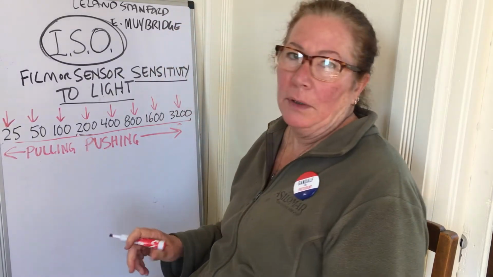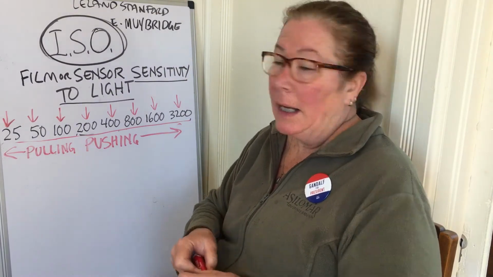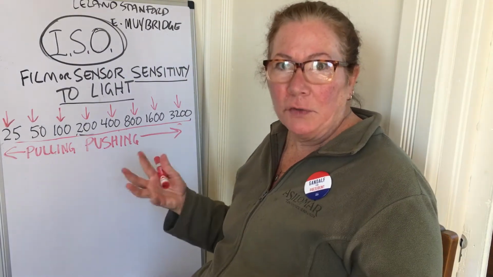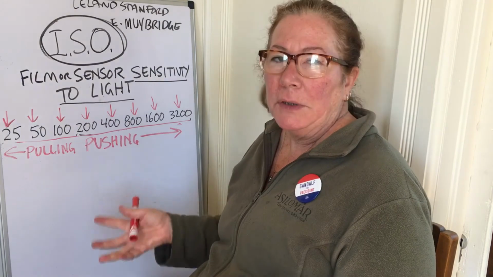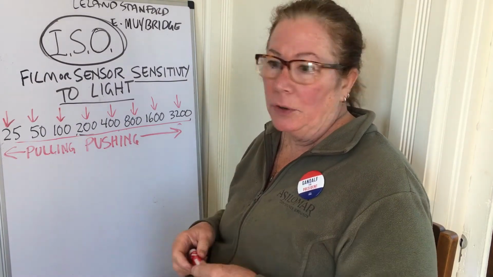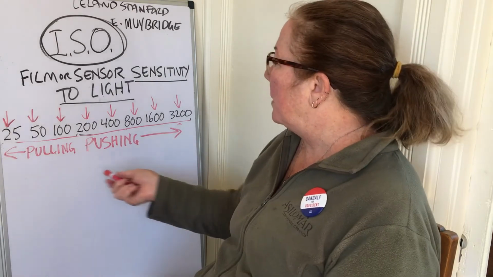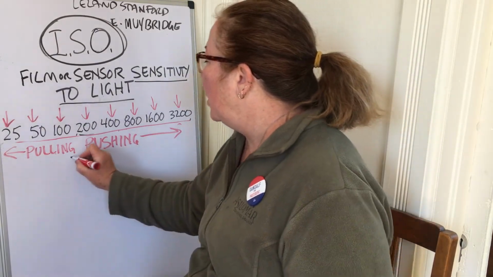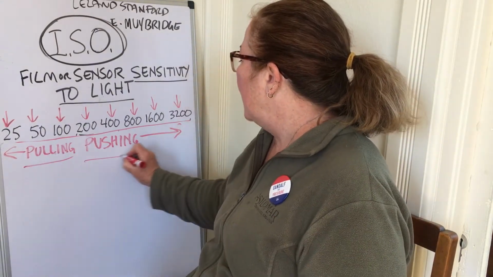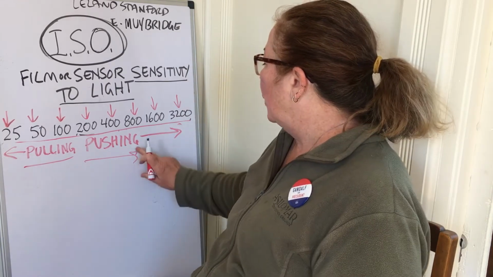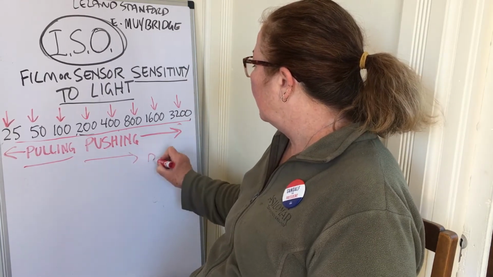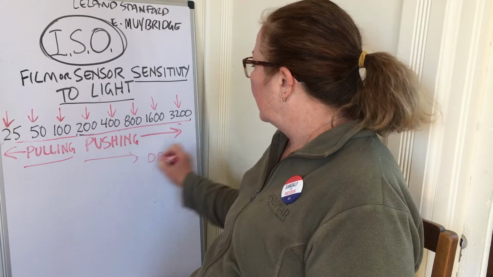That would be if your exposure is too bright and you need something a little extra. I need to pull my film to get the exposure looking right, and my aperture and shutter aren't enough at that moment. Then you can pull your film for brighter conditions and push your film for darker conditions. So that would be darker, and this would be lighter.